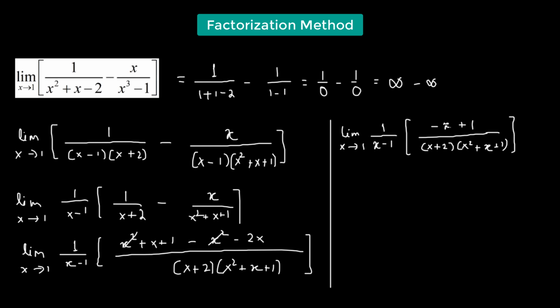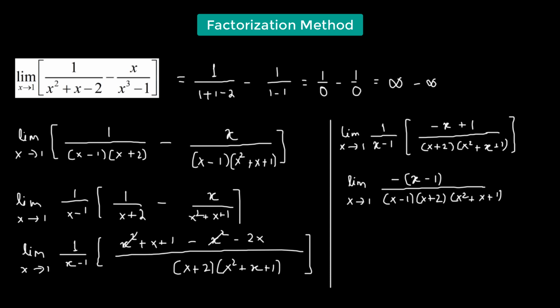Now this negative x plus 1, what we can do, we can rewrite it as limit x going to 1. So we're going to take negative 1 as the common factor, so we have negative times x minus 1 divided by x minus 1 times x plus 2 times x squared plus x plus 1.